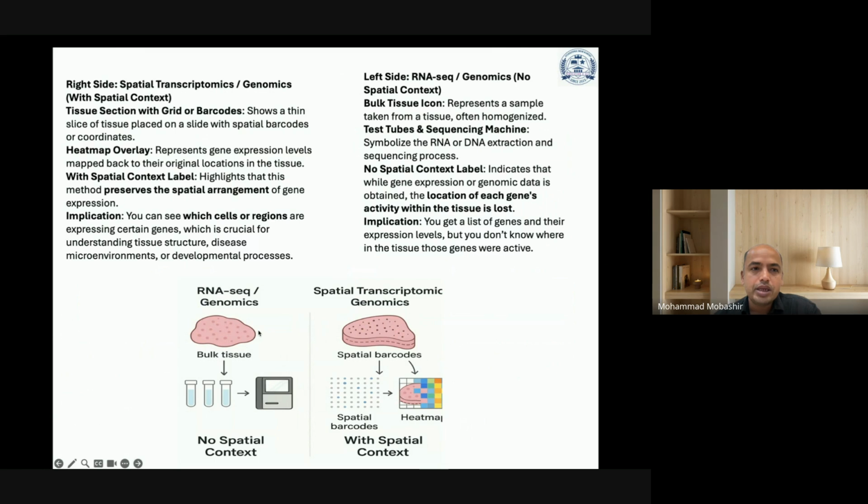Now, if you want to read, for example, this tissue section with grid or barcodes, which you can see here, shows a thin slice of tissue. It could be tumor tissue or normal tissue on a slide with spatial barcodes. These dots are representing the barcodes.